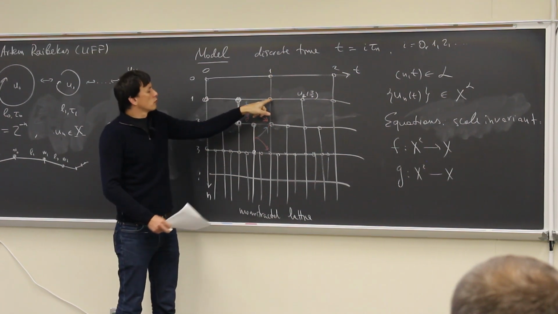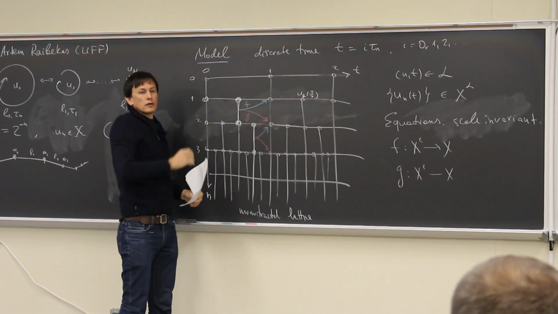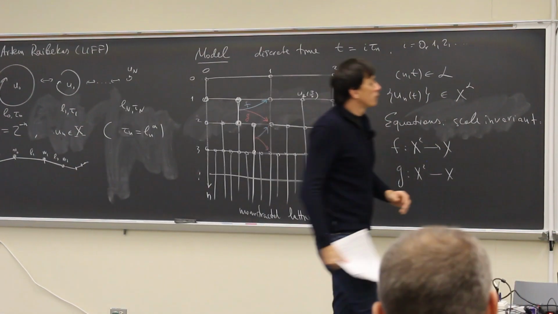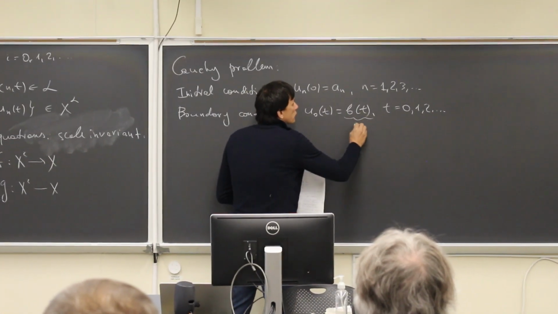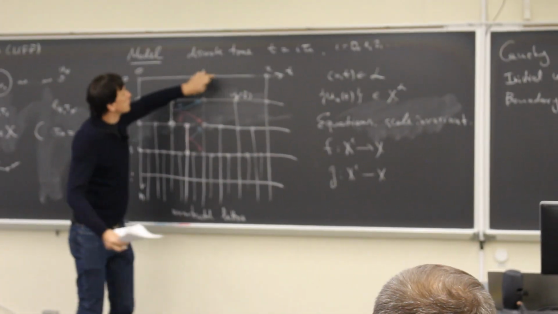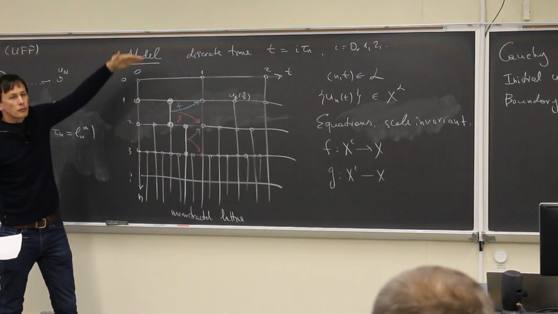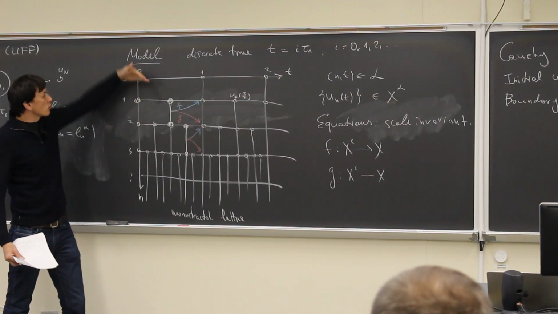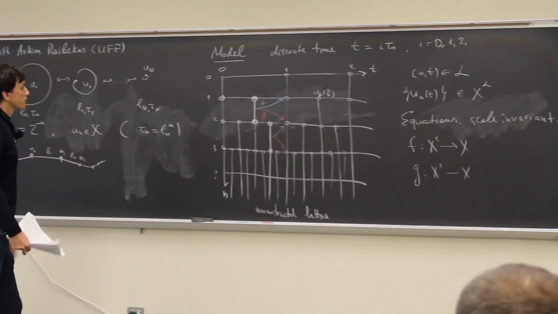Because if you want to know the value here, you need to know what is up there. So B is 0, and A is u at 0. For simplicity, you may just put 0 here. But you need to put some extra condition on the top, because there is always an arrow coming down, so you need to define something from above.